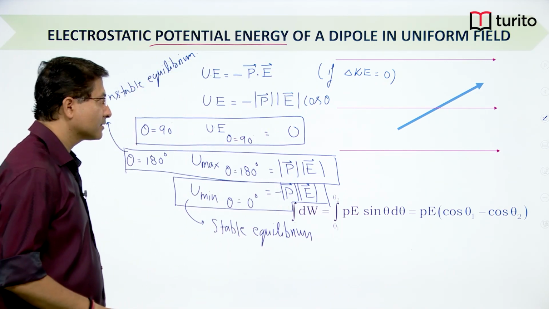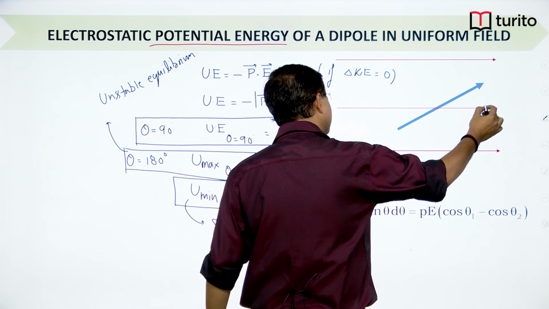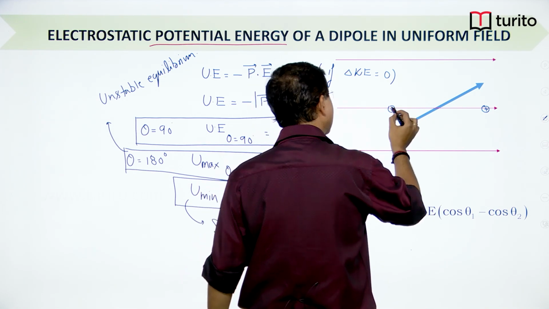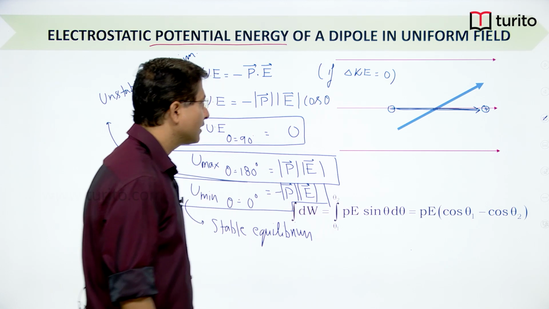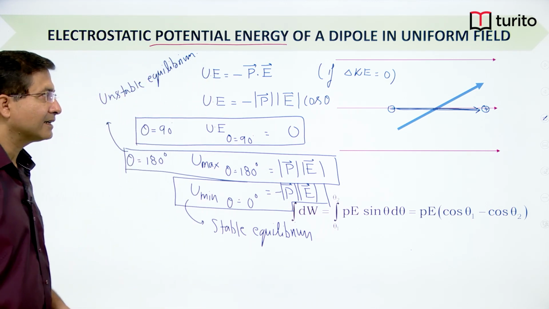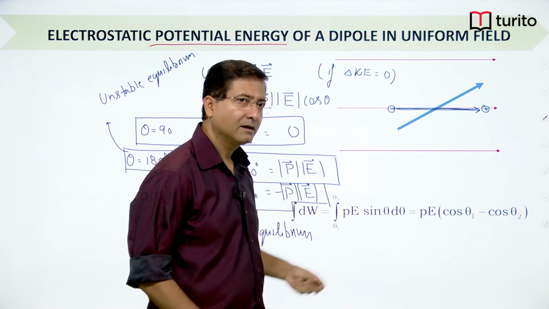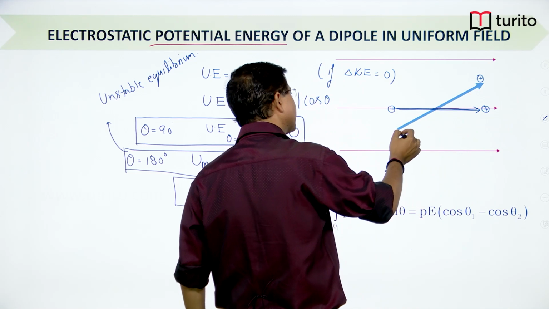If I place the dipole this way, with positive charge here and negative charge here, this is the way I am placing the dipole. If I slightly displace it, then this positive charge will come here and this negative charge will come here.